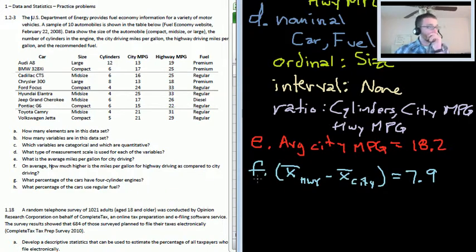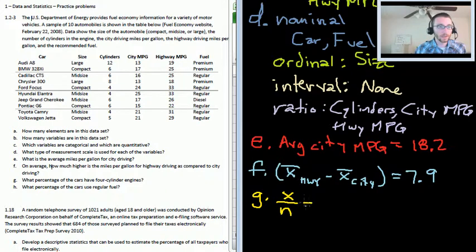Okay, what percentage of the cars have 4-cylinder engines? This one we can do without needing to resort to math, I think. Or I mean to Excel. So let's see. To find the percentage, we want to know the number of cars that have 4-cylinder engines. We're going to call that X. We want to divide that by however many there are in total.